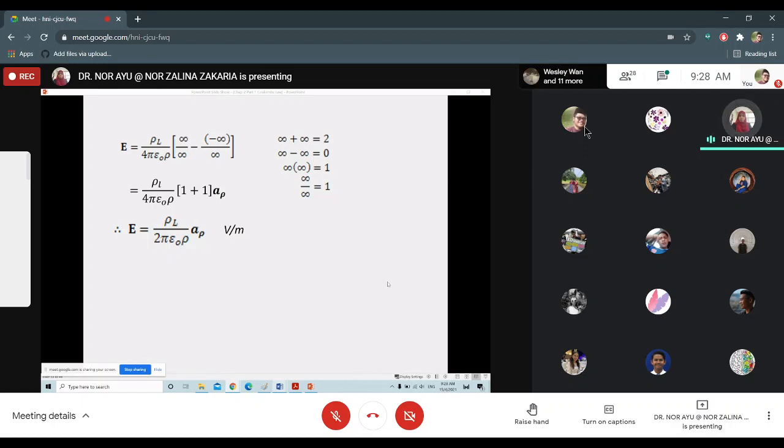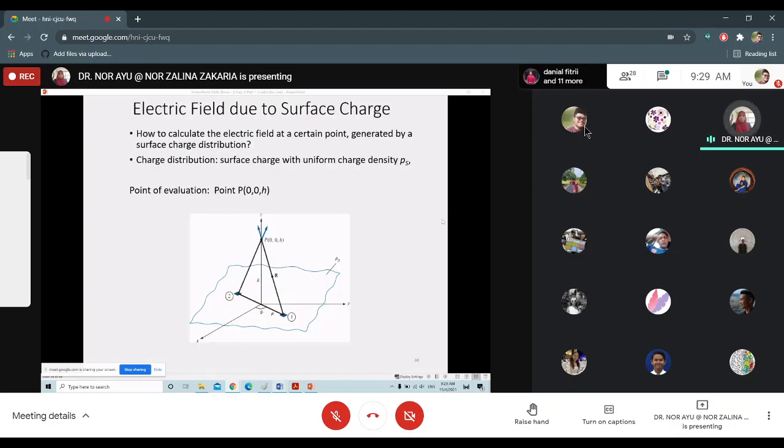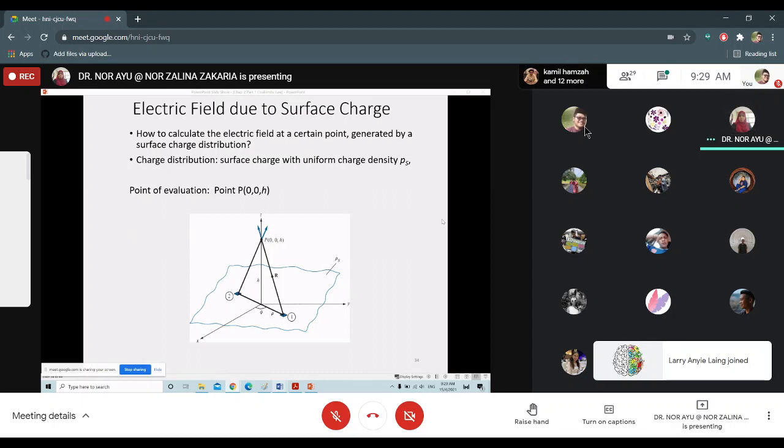All right, so we can continue to the next one. Okay, so this is for the line charge. So next will be due to the surface charge. Okay, so how to calculate the electric field at certain point generated by a surface charge distributions.